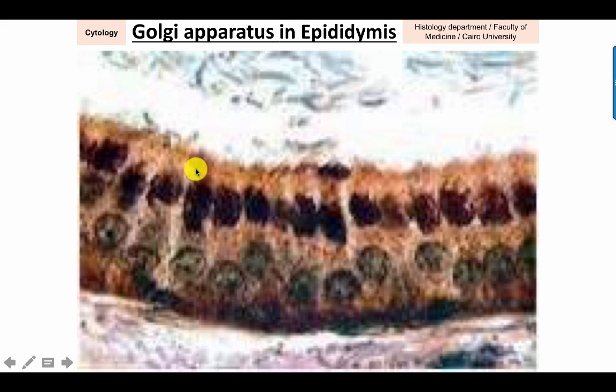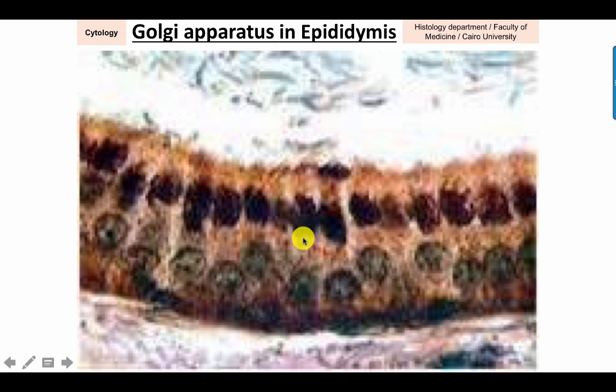In between the nucleus and the top of the cell, which releases important secretions that will feed the sperms here in the lumen of the epididymis to become mature. Between the nucleus and the secretory pole, which is the apex of the cell, we have this large brown stained material, which is the Golgi apparatus.